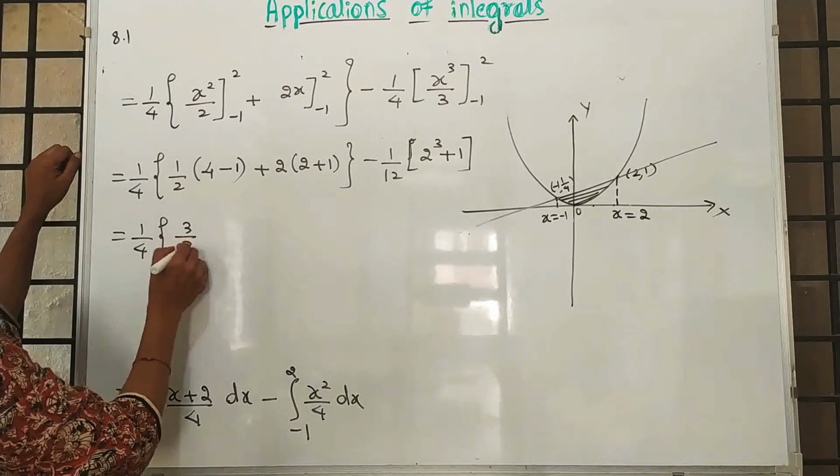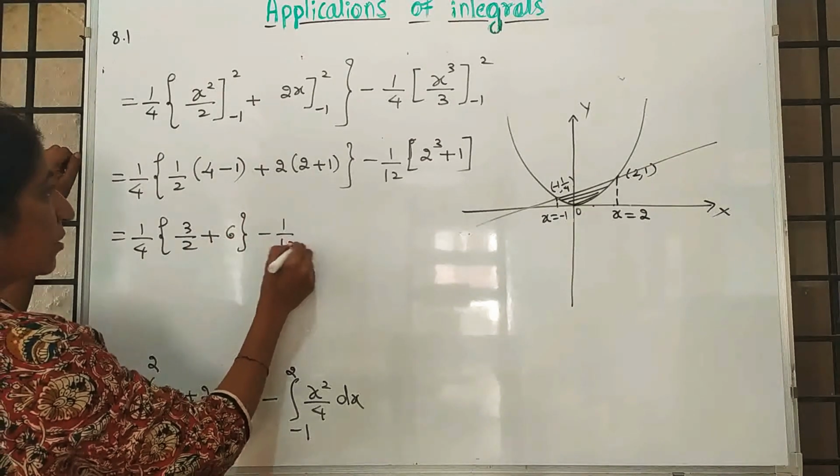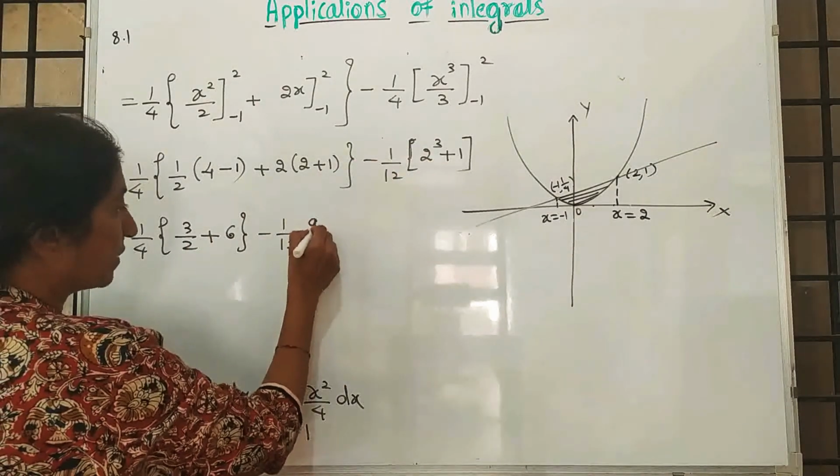This is 3 by 2, this is 6, minus 1 by 12, 2 cube is 8, 8 plus 1, 9.